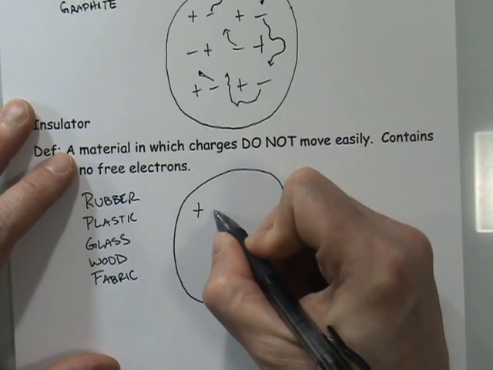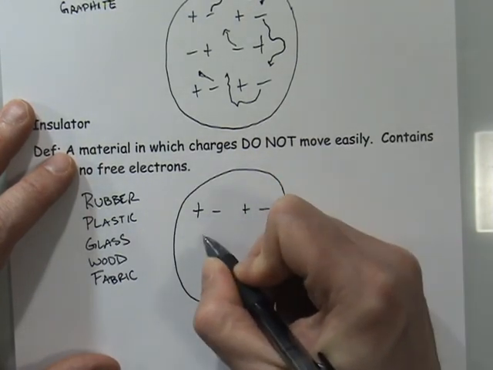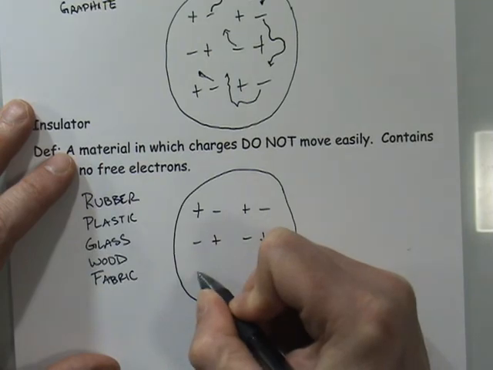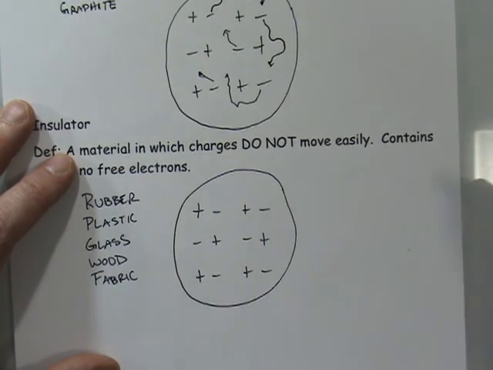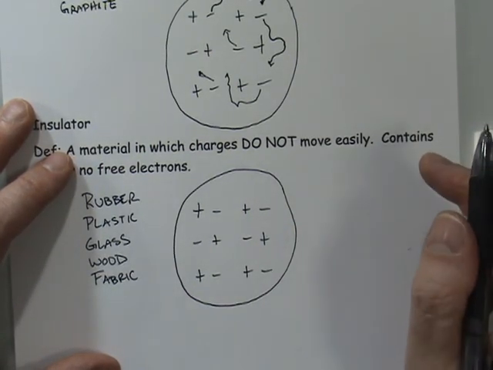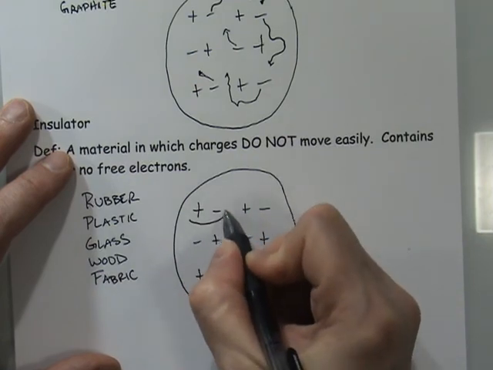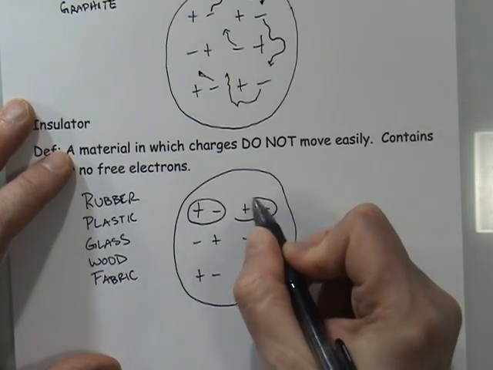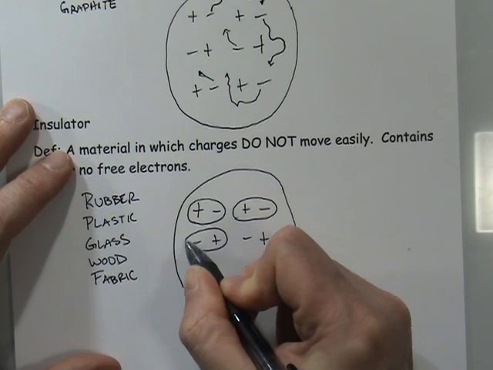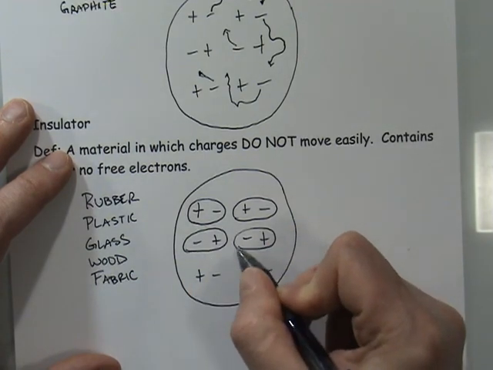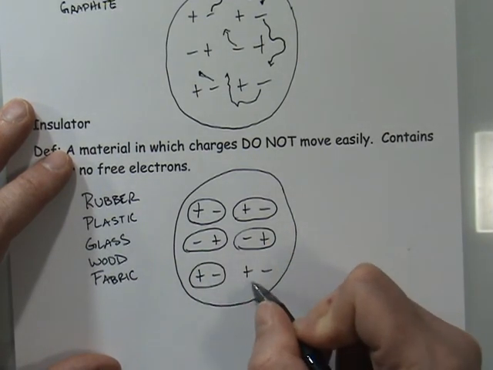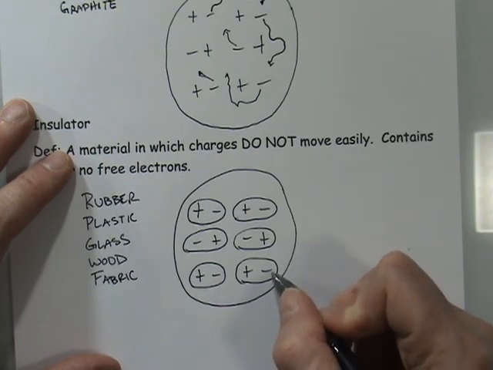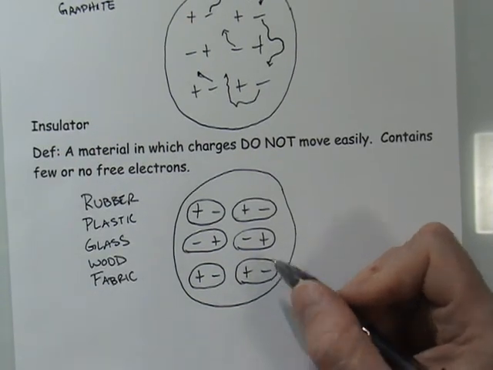Now, the atoms inside of an insulating material look a little bit different. I'm going to draw this same exact picture that I drew before. Okay, but the difference between an insulator and a conductor is that these guys are bound together very tightly. So the way I'm going to indicate that is to draw a little circle around it to indicate this is one atom with its positive charged protons and its negatively charged electrons, but all of the electrons are tightly bound.